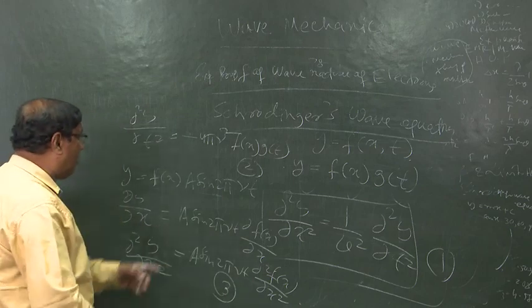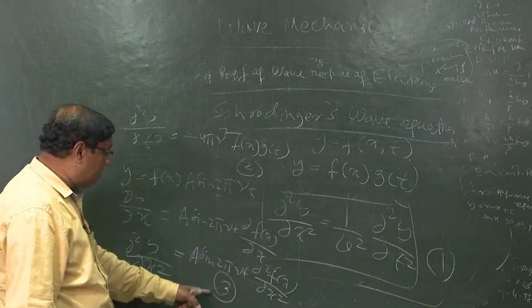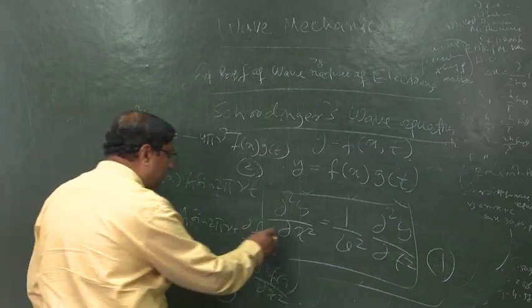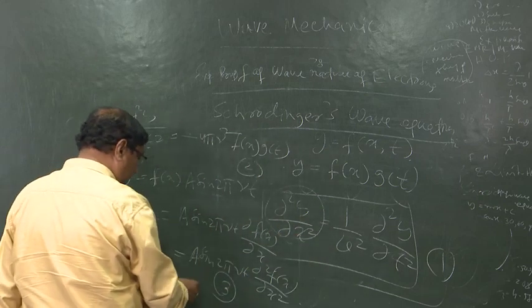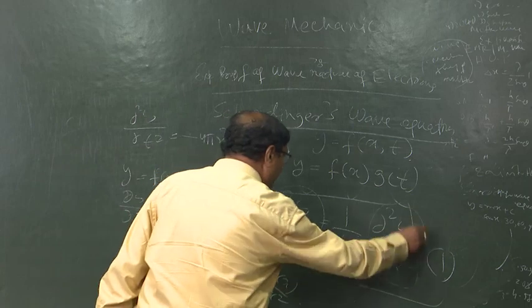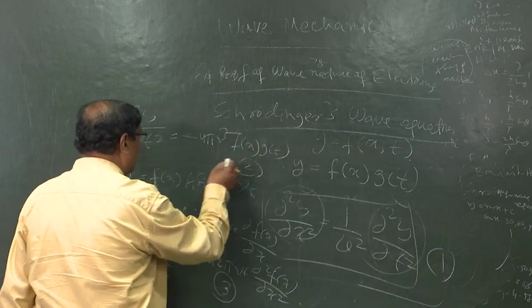Now put the value of equation 2 and equation 3 in equation 1. Put this value from equation 3 and this value from equation 2.